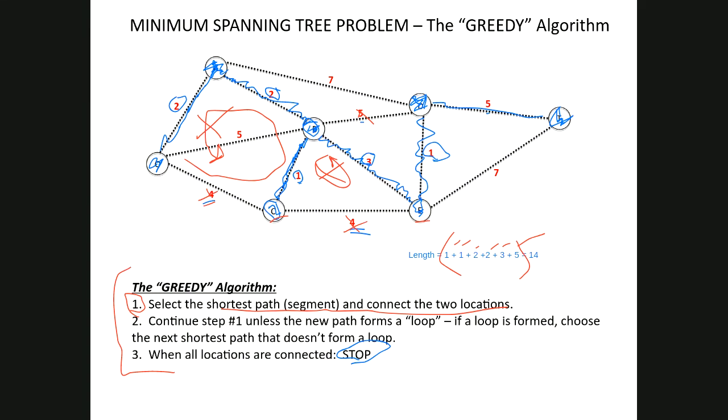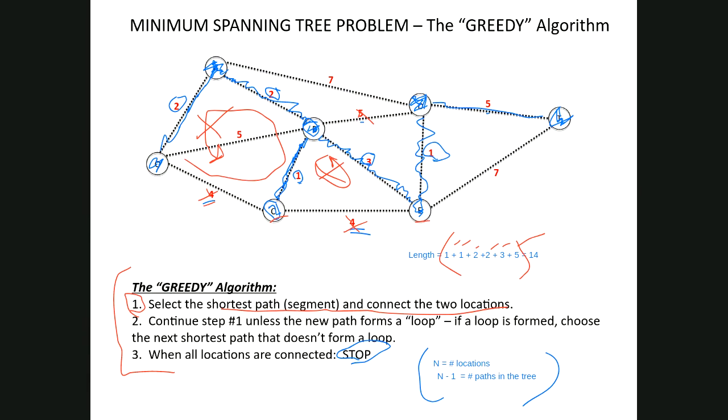N is the number of locations. Then in every case, we'll have n minus 1 as the number of paths in the tree. Okay. And this is a theorem for this type of problem, and this is how you'd solve the minimum spanning tree problem.